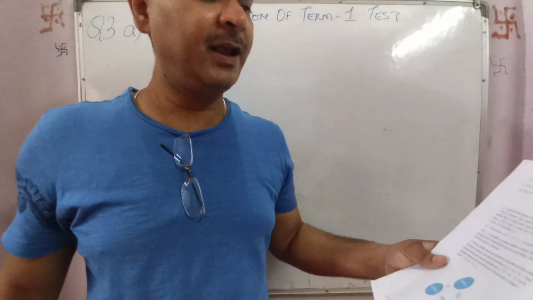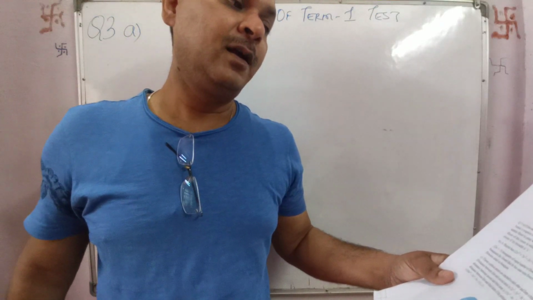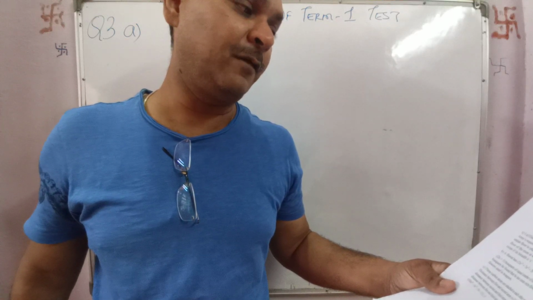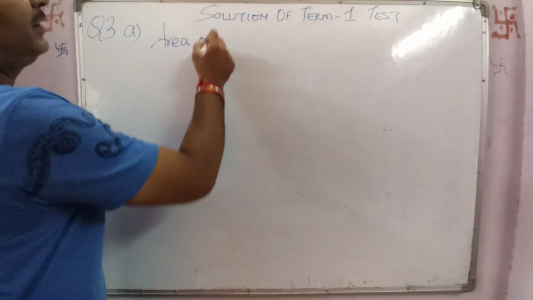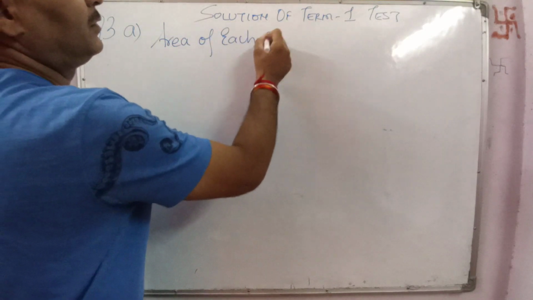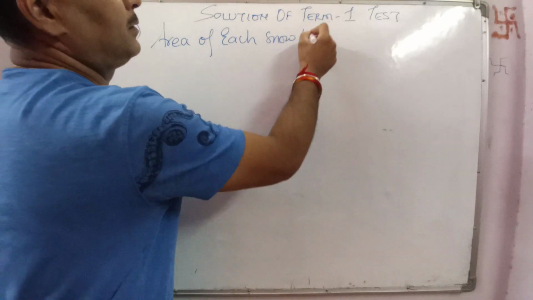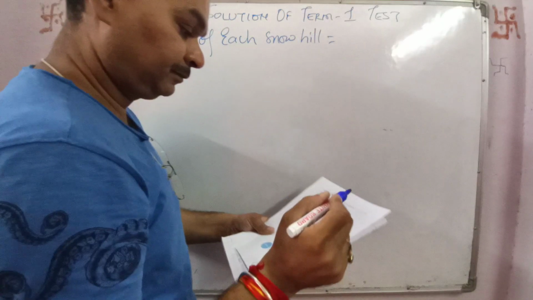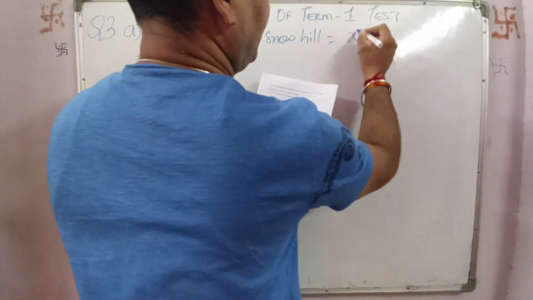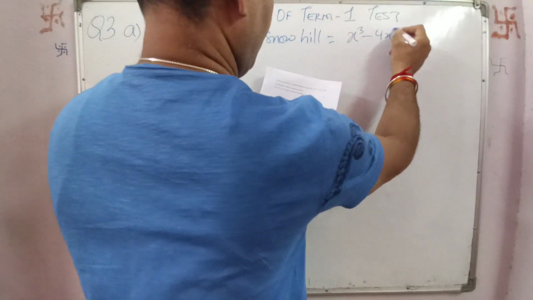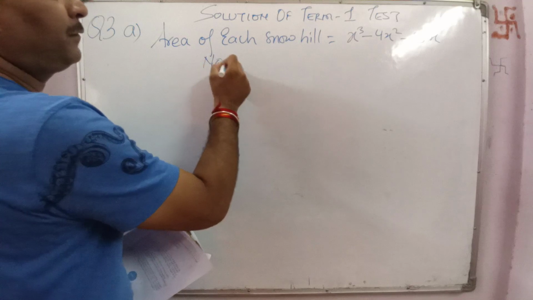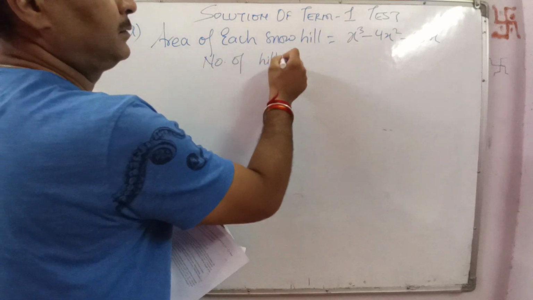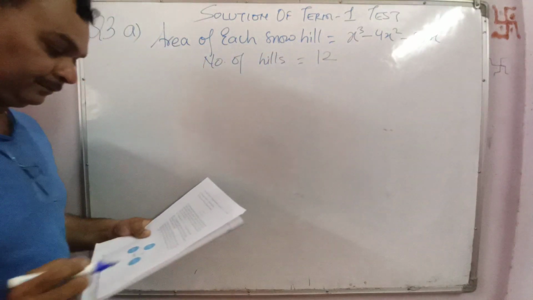Now, each hill covered x cube minus 4x square minus 5x area of the floor. That is, area of each snow hill is x cube minus 4x square minus 5x, and number of hills were 12.